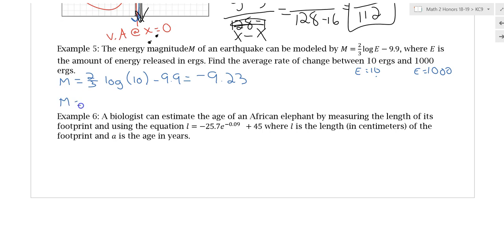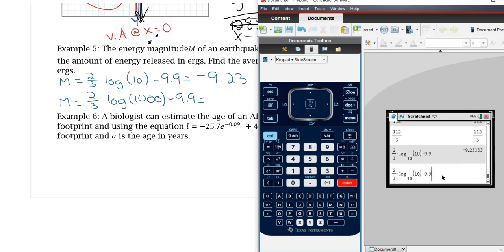Then our other one is M equals 2/3 log of 1,000. Again, I'll do that quickly. When you're plugging the same number in over again, if I just hit the up arrow till it's highlighted and hit enter, it allows me to quickly change the 10 to 1,000, and I don't have to worry about typing the whole thing again.